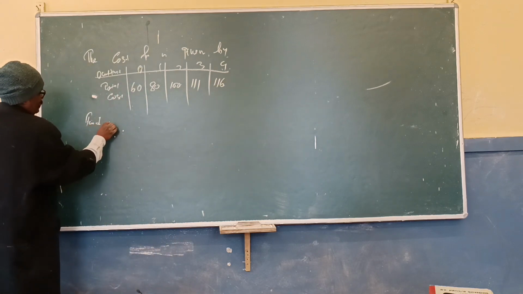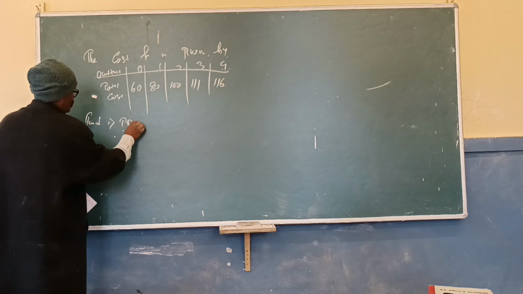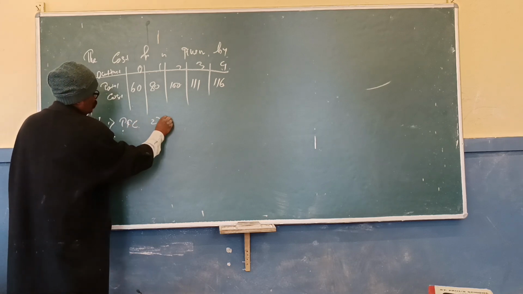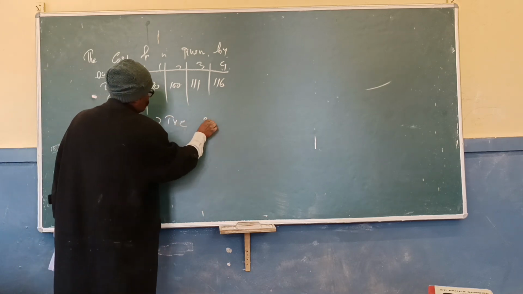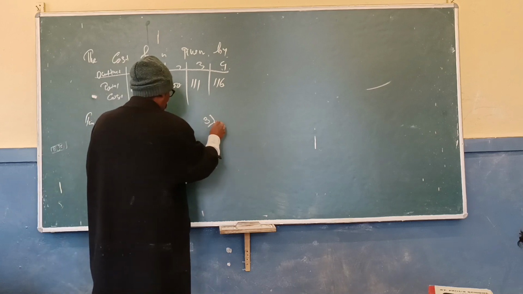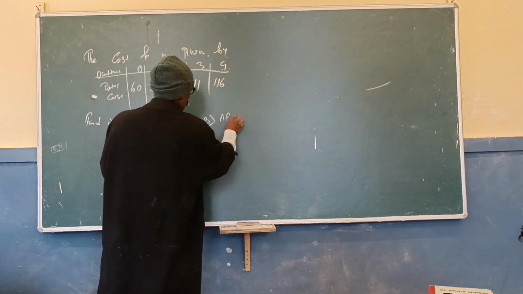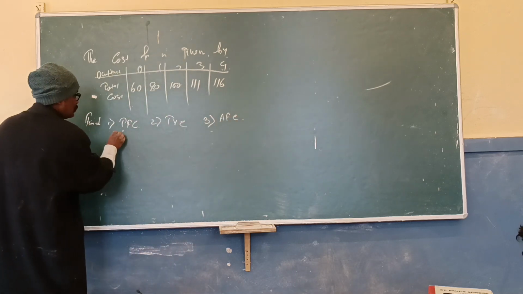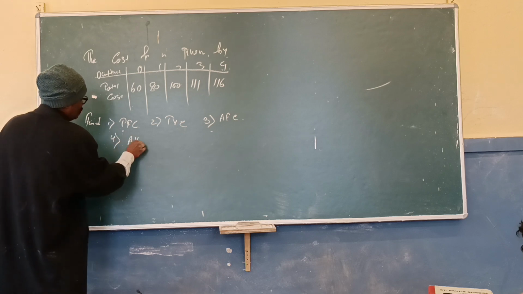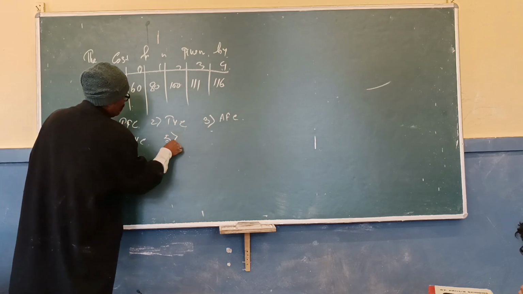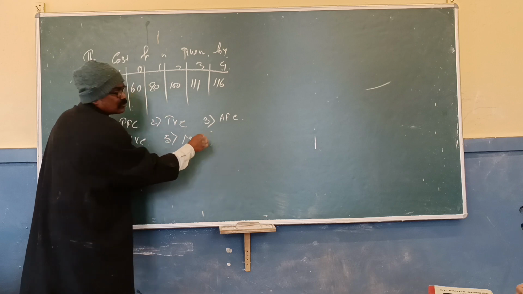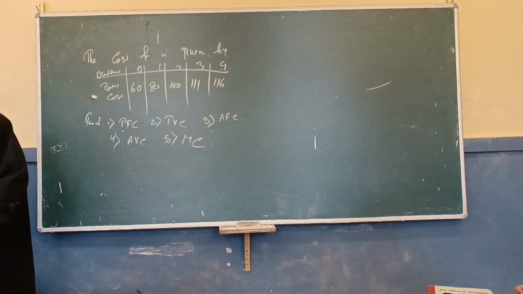Find number 1 total fixed cost, number 2 total variable cost, number 3 average fixed cost, number 4 average variable cost, number 5 marginal cost. In one sum everything is there.